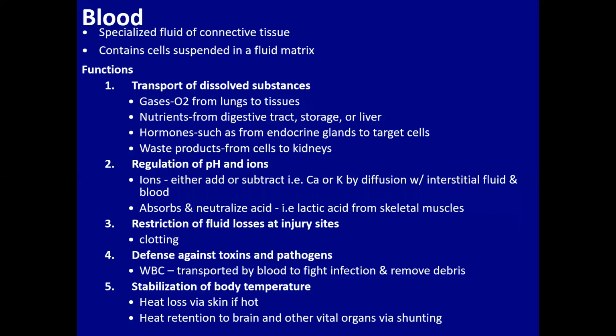We're trying to move calcium around, bring it into a cell, take it out of a cell, because we're looking at diffusion with interstitial fluids and blood. We're also trying to make sure that our pH stays in balance. So absorbing and neutralizing acids is also part of what we do with blood through the regulation of pH and ions.